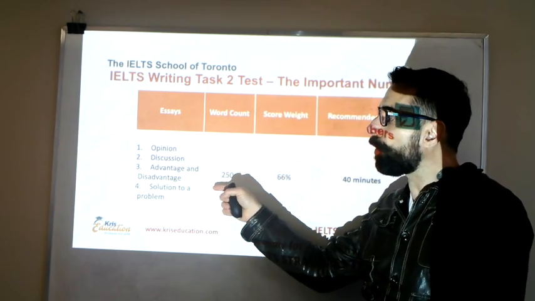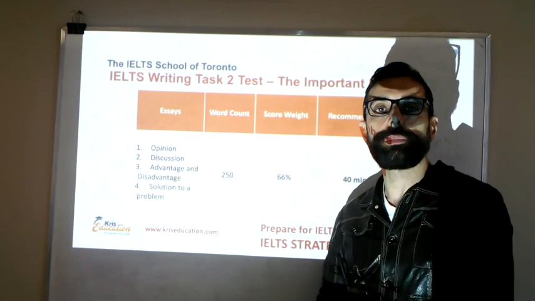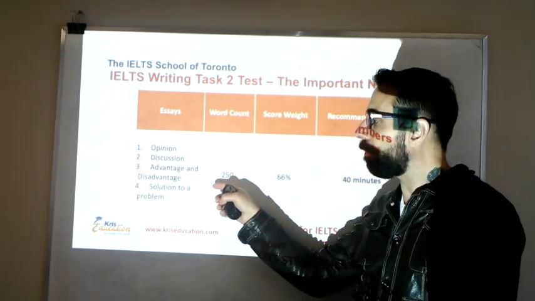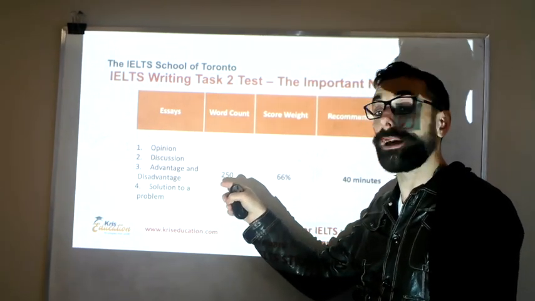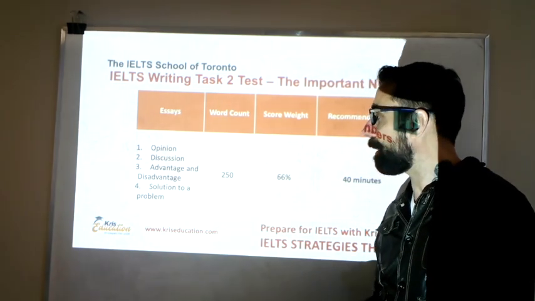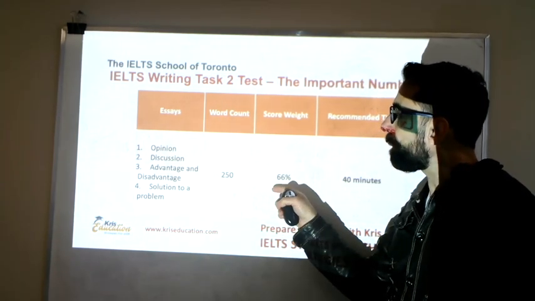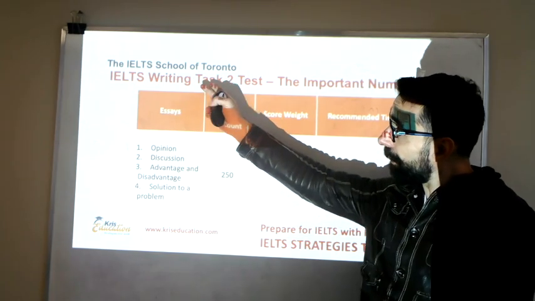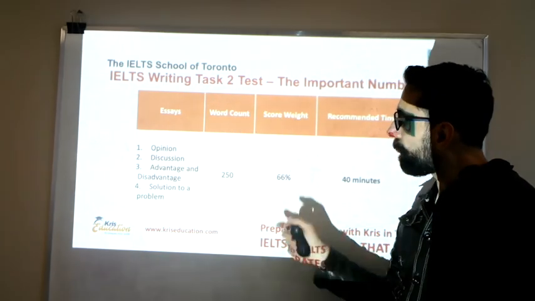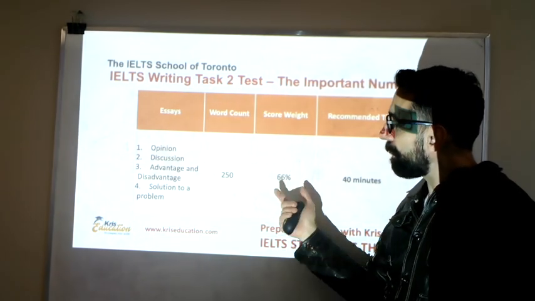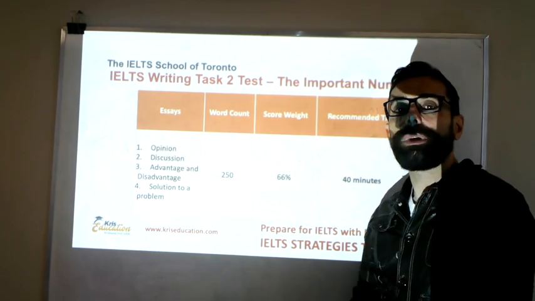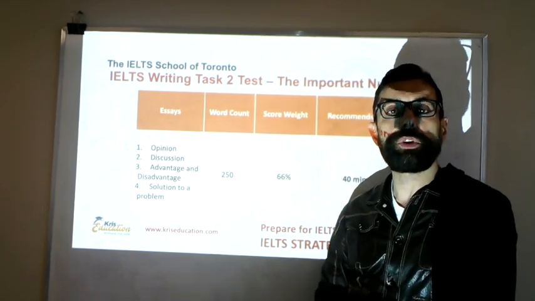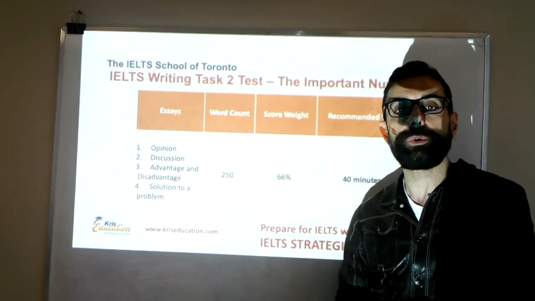The examiners do not count the words one by one. There is no penalty if you write 240 words. There is no direct penalty. And the weighting of task 2 is 66%, meaning task 2 is much more important than writing task 1.